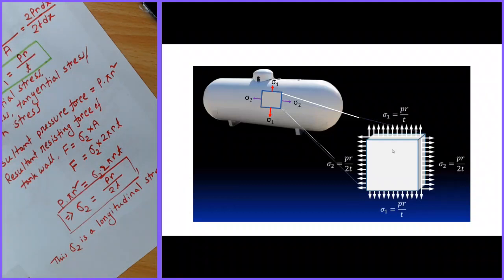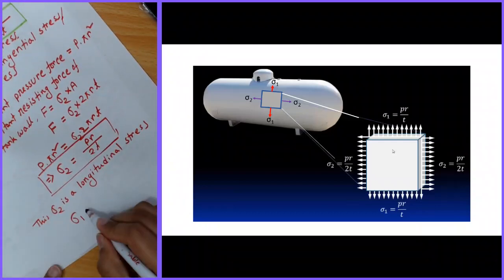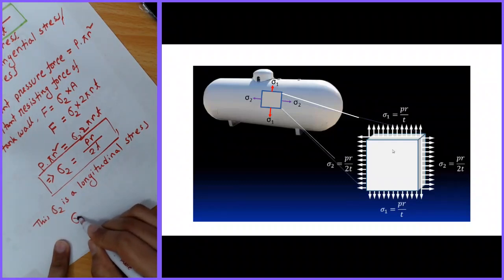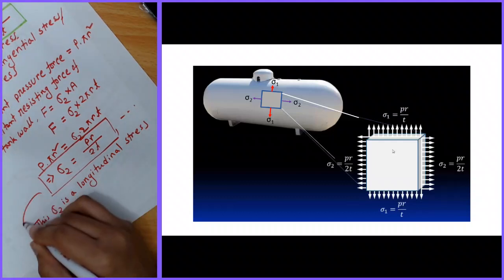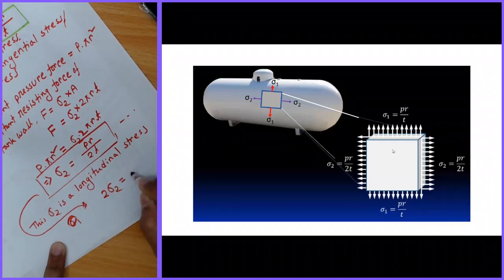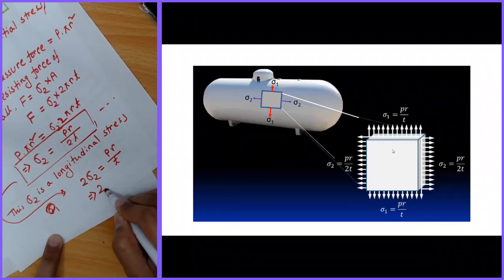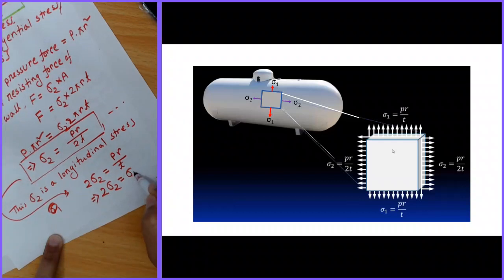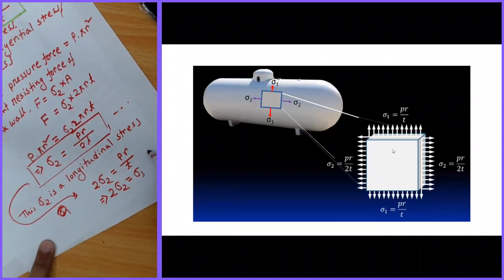But if you look at these two equations, if I take this equation and multiply both sides by 2, 2 sigma 2 equals P r by T, and we know P r by T is equal to sigma 1. So sigma 1 is equal to 2 sigma 2.